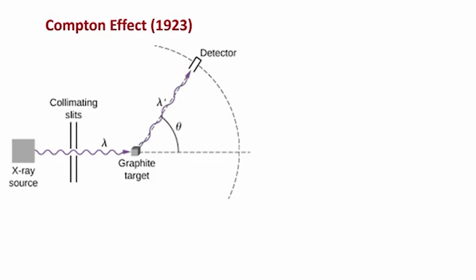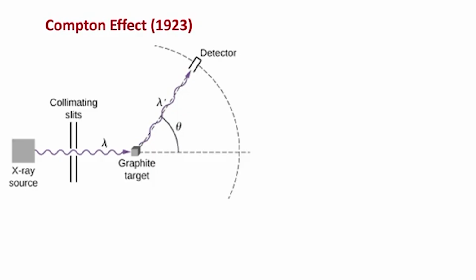So, what do we have? We have an X-ray source where photons of wavelength lambda are coming out, passing through collimating slits, and falling on a target. In this case it is a graphite target, and these photons finally get collected in the detector. The photons are shown by this wavy line.